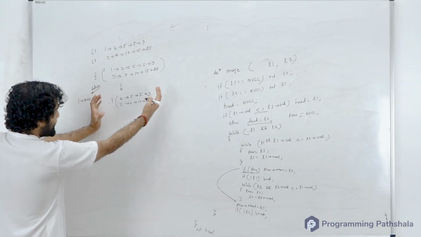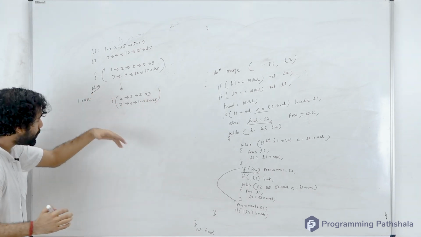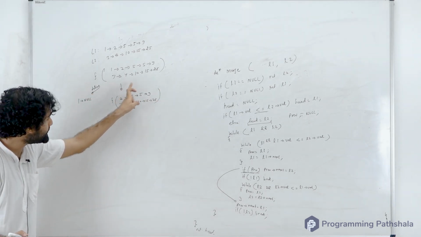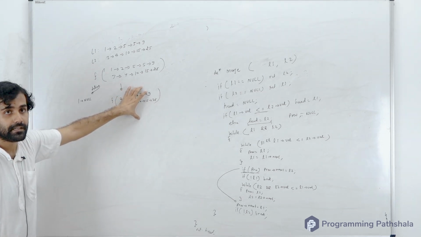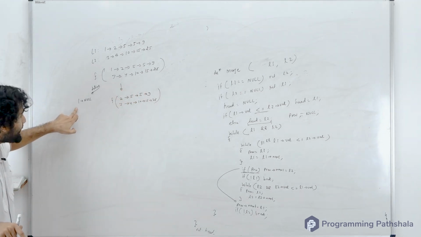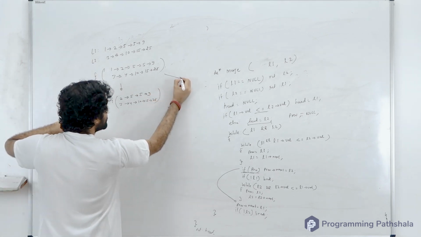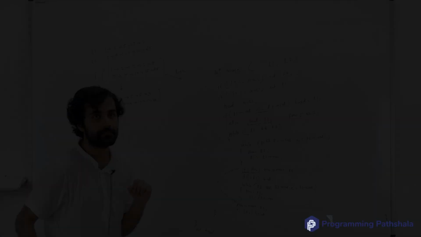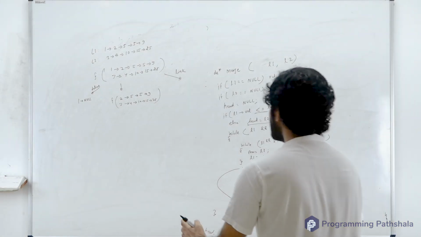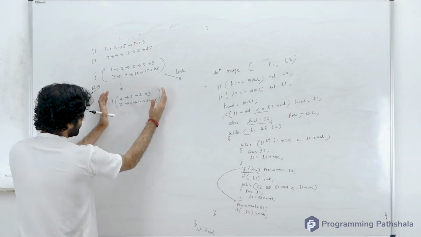Now, if this is a magical function that somehow returns the merged answer of this, then that merged answer can be connected with this thing as its head, which can be called the final link part, and then my job would be done. So what is this magical function? This is your recursive function, okay?